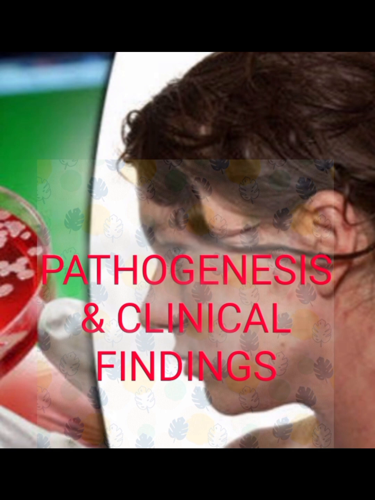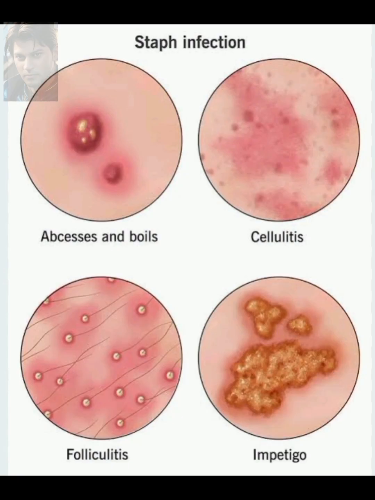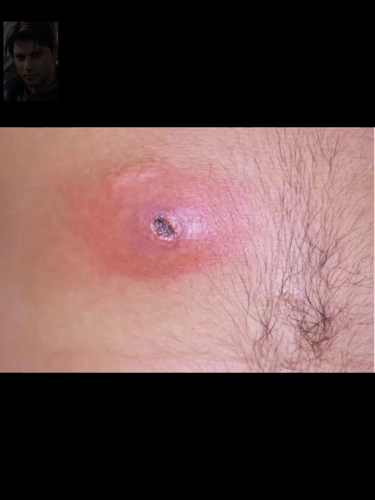Different types of infections are produced by Staphylococcus aureus, including localized infections such as furuncles or hair follicle infection, carbuncles, acne and pimples, impetigo, and other localized abscesses.